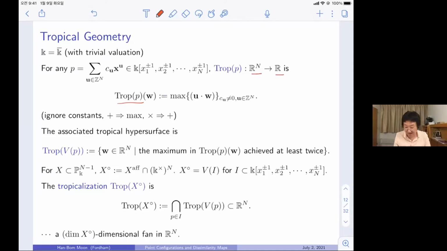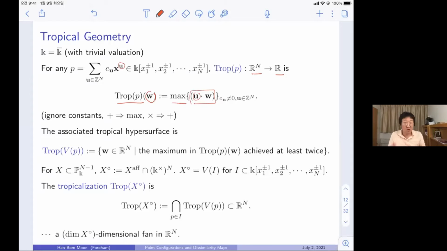For the tropicalization trop, for each vector W, the value is defined as the maximum of these inner products, where U is the exponent of the variable X. If you are confused about this definition, there is a very simple way to interpret an ordinary Laurent polynomial as a tropical polynomial.